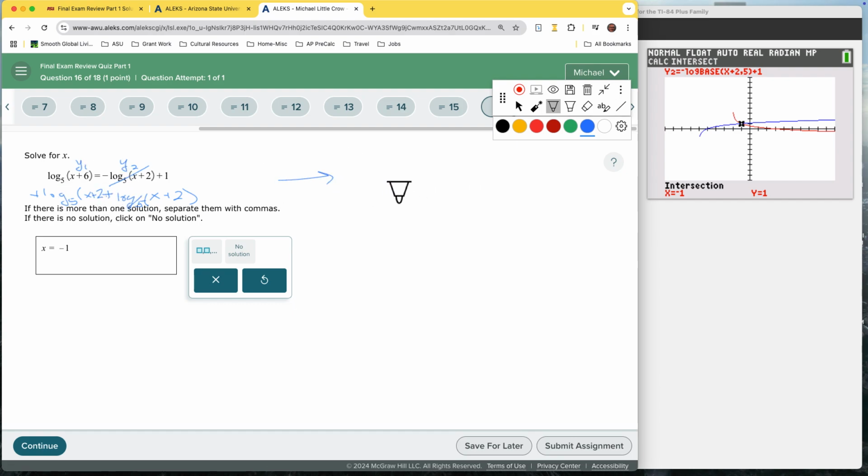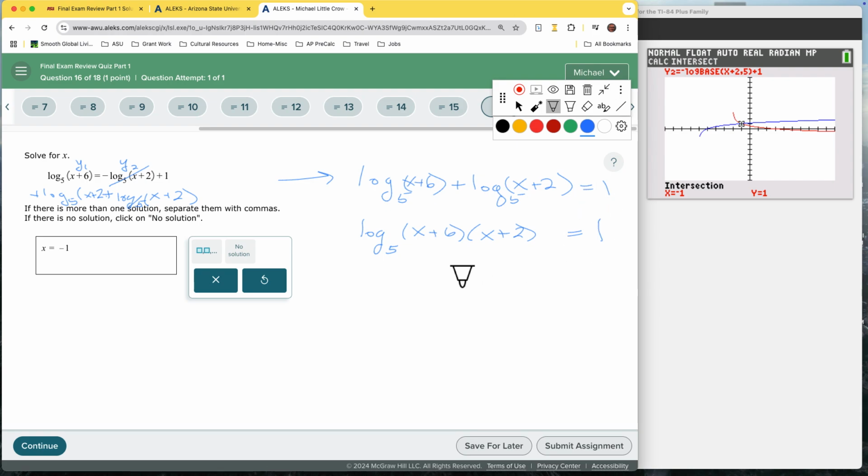Okay, so now we've got log base 5 of x plus 6 plus log base 5 of x plus 2, all equal to 1. Using the properties of logarithms, this can become a single log with multiplication. X plus 6 times x plus 2, all equals 1.